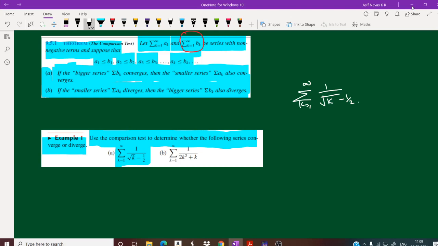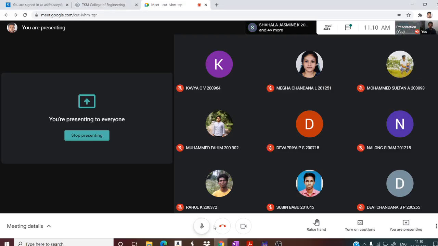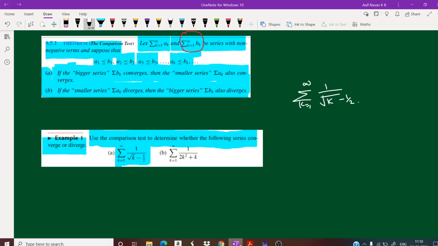Give me a guess. Just guess it. Is it convergent or divergent?